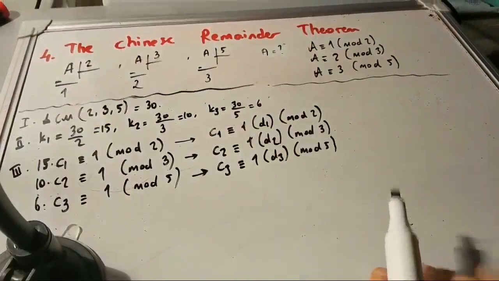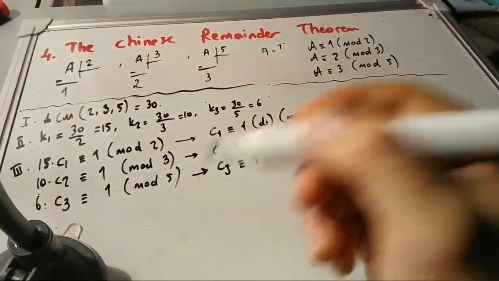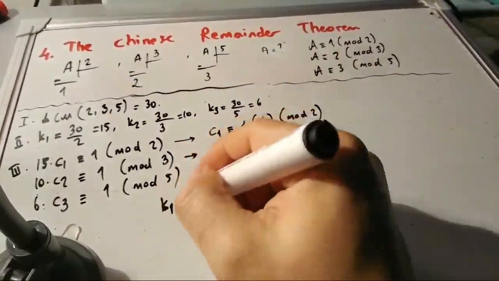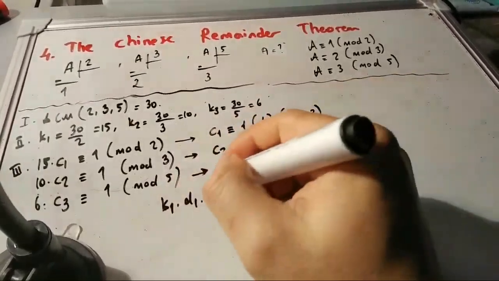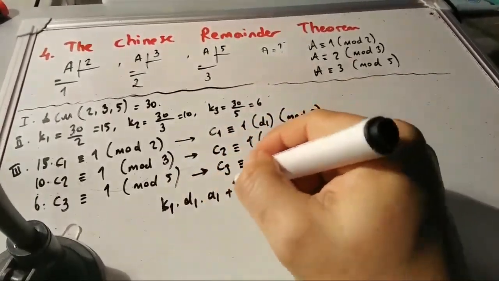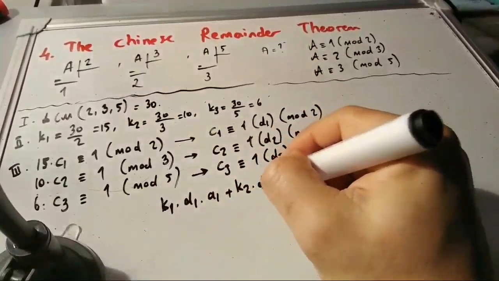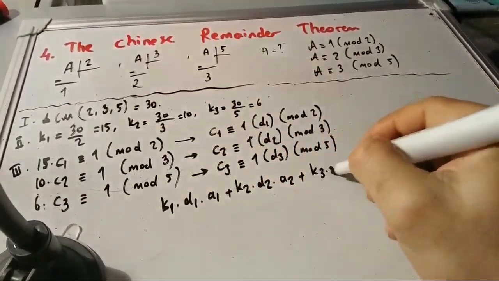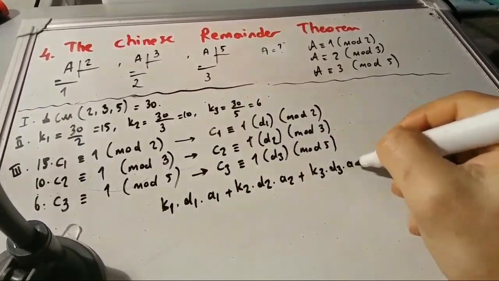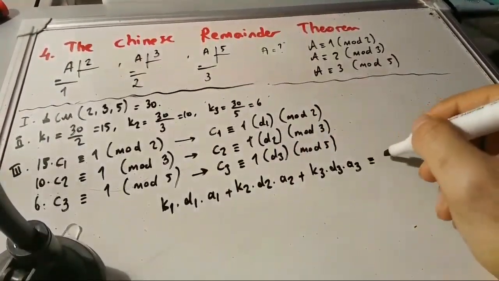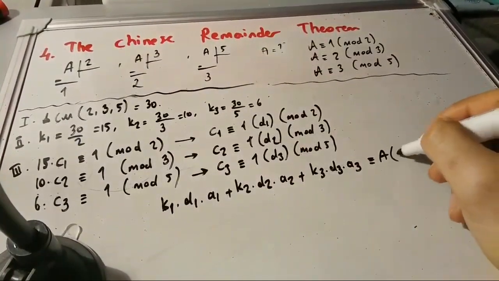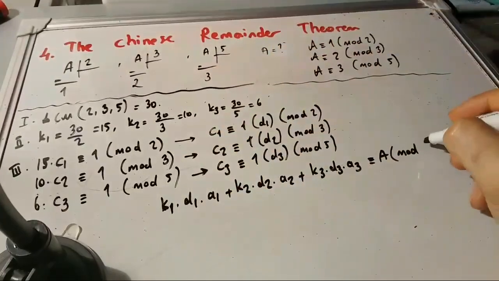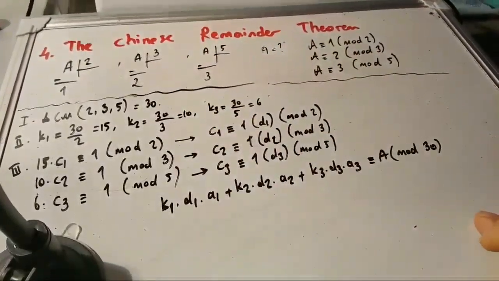So for the last step, K1, D1, and A1. K1 times D1 times A1 plus K2 times D2 times A2 plus K3 times D3 times A3 is congruent to A in mod n. And what is n? N is 30. Okay.